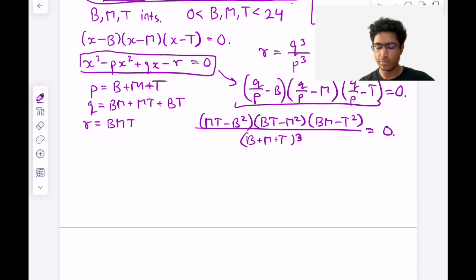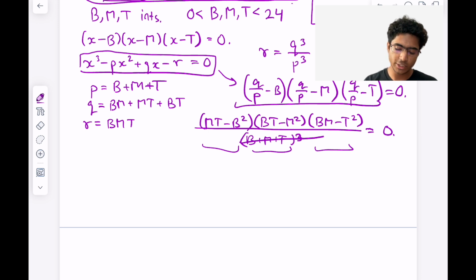Because b, m, and t are all positive integers, we can multiply on both sides by b plus m plus t cubed and not add any additional solutions. We now see that at least one of these three factors has to be equal to 0. And that gives us the following relations.